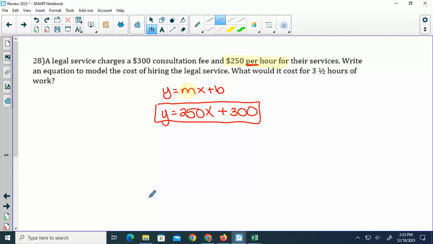So the second part, what would it cost for 3.5 hours of work? What am I going to do? The x equals 3.5. So we plug that into our equation.